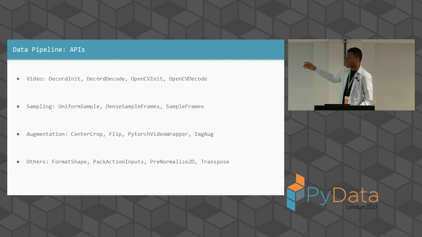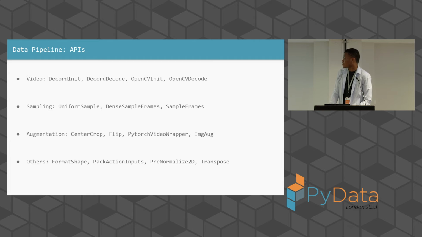Augmentation, so you could do center cropping, which is just cropping the center part of the video, flipping, say horizontally or vertically as need be. The PytorchVideo wrapper and Imgaug. I'm quite interested in Imgaug because it's a different library being used for image augmentation. So it allows you to make use of an external library like that in your data pipeline.